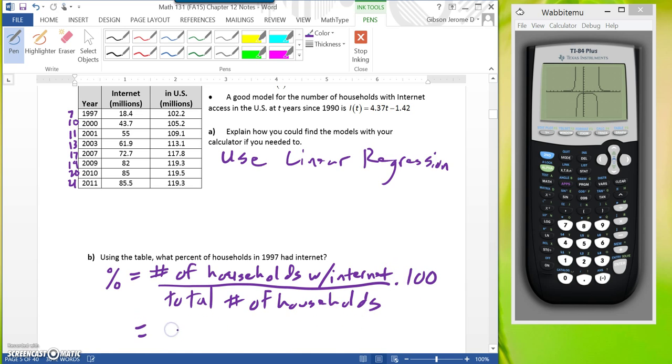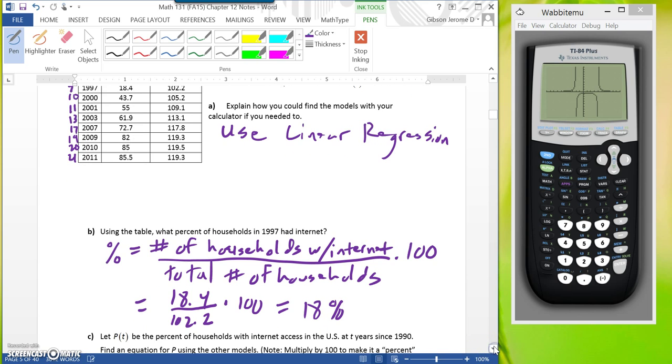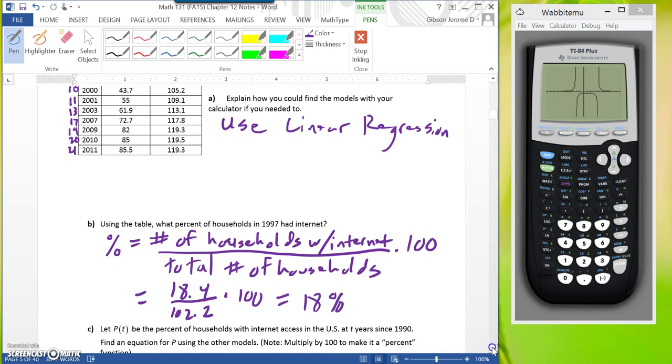So we will have 18.4 divided by 102.2, which we have in our chart here. We multiply that result by 100, and that will give us 18%. So that would be the answer for B.